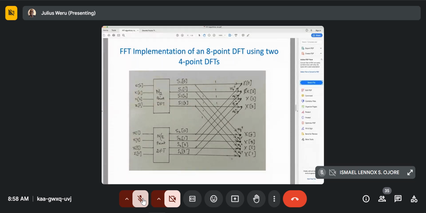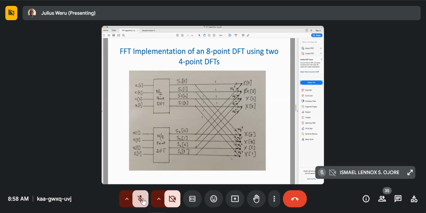I'm trying to see whether it comes out at this juncture. Yeah, because what we have, we change the bits. We do some of what we call bit reversal.